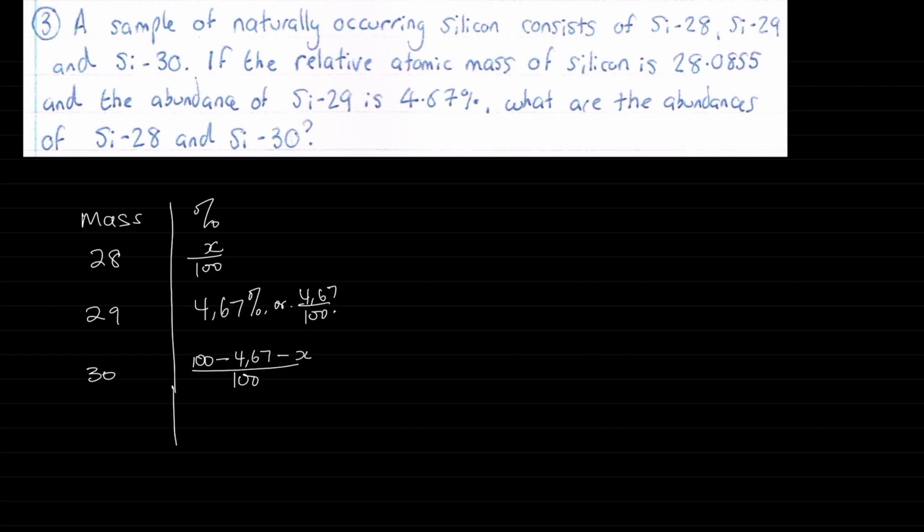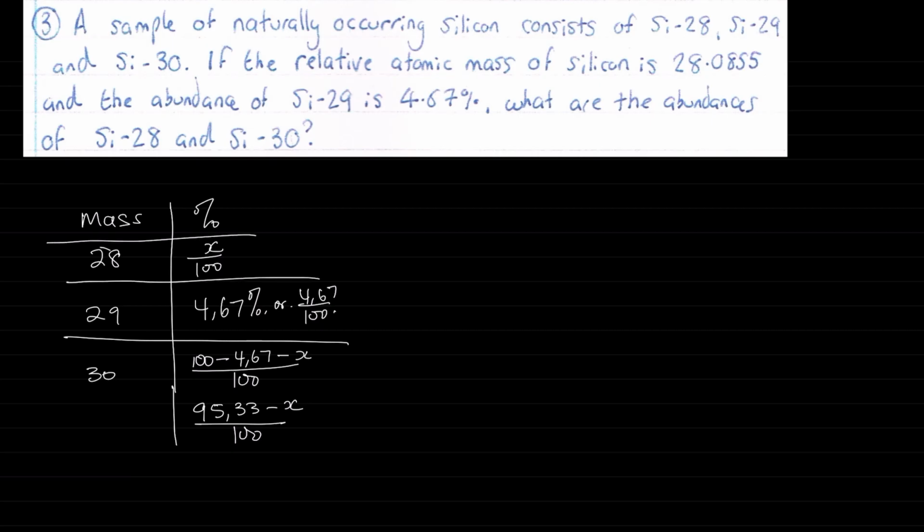So Si30 is 95.33 minus x over 100. And now that was the main trick for this question. And the rest is straightforward. So we're going to go relative atomic mass is equal to the mass times the percentage plus the mass times the percentage plus the mass times the percentage.